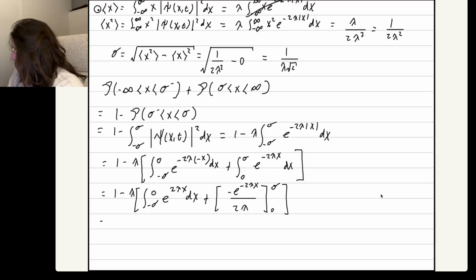And then the first integral will evaluate to e to the 2 lambda x over 2 lambda, from minus sigma to 0.